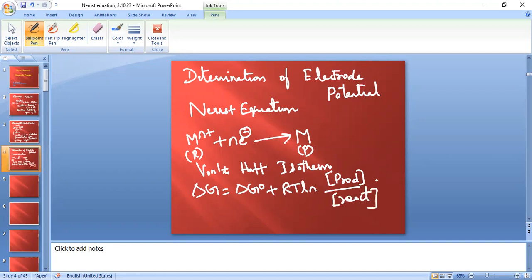Let this be equation 1. This is the well-known van't Hoff isotherm, which gives the relation between the standard free energy change and the free energy change of the chemical reaction, which undergoes the reduction reaction.